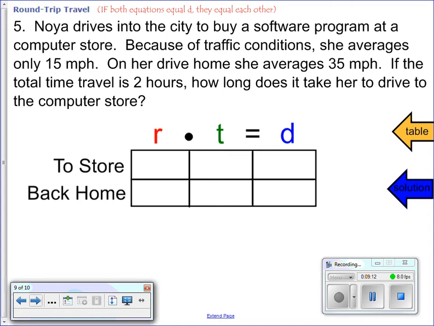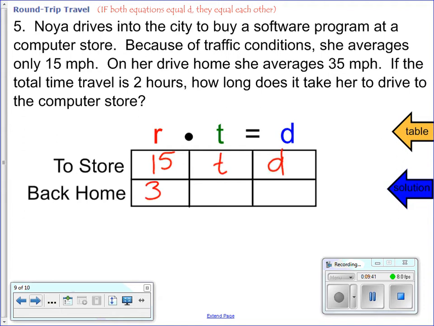Noah drives into the city to buy a software program at a computer store. Because of traffic conditions, she averages only 15 miles an hour. On her drive home, she averages 35 miles an hour. If the total time traveled is 2 hours, how long does it take her to drive to the computer store? So to get to the store, she is 15 miles an hour, and whatever time it takes.